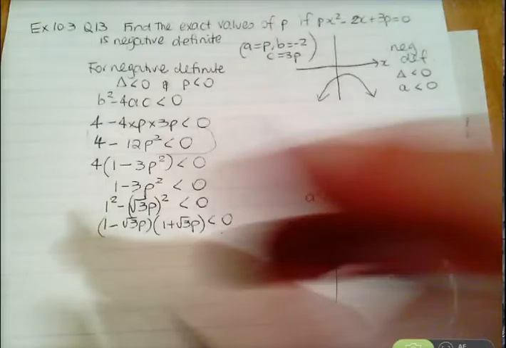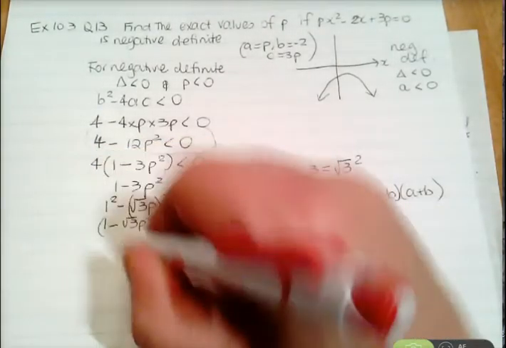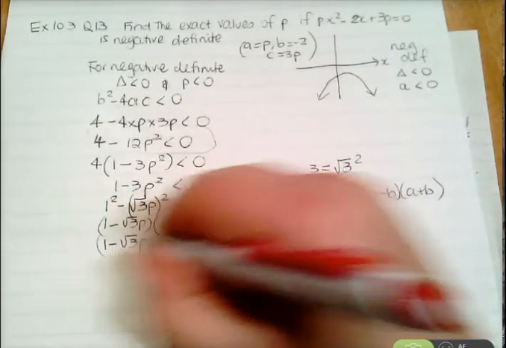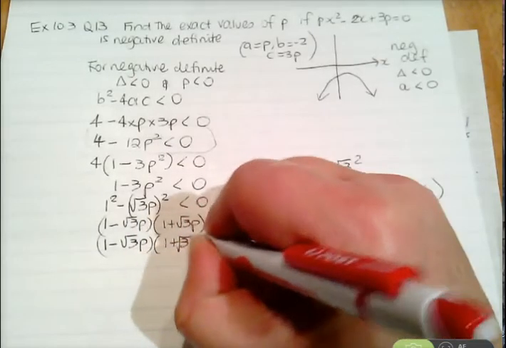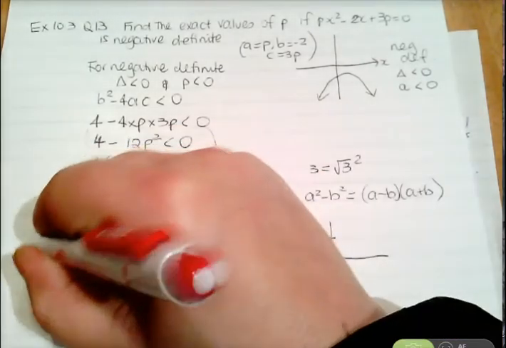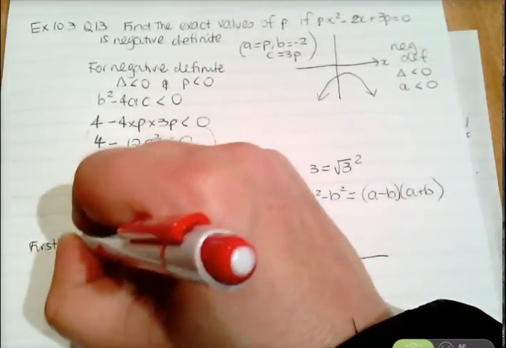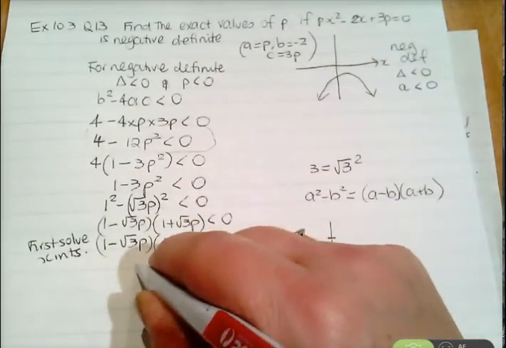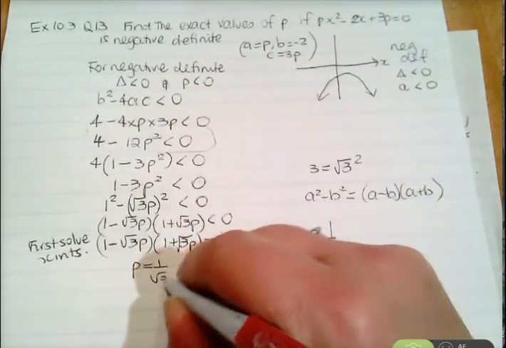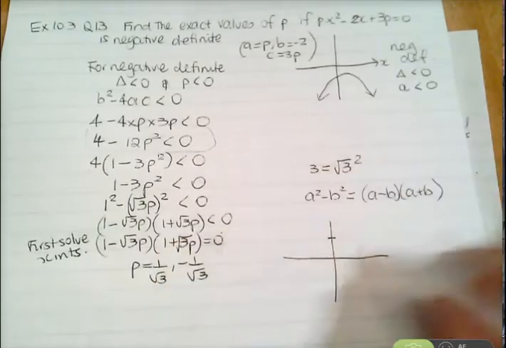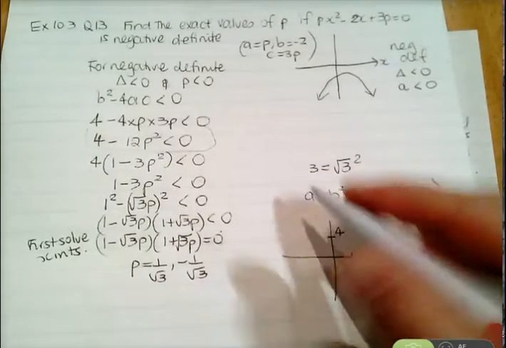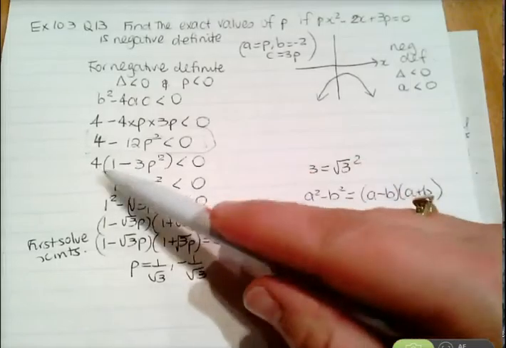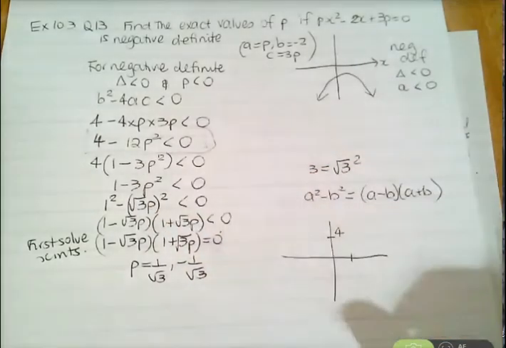My roots, if I just solve and put this equal to 0, so I can see what the roots of my parabola are. So first I want to solve this to find my x-intercepts of my parabola. I will get that p is 1 on root 3 and p is negative 1 on root 3. This is the parabola I'm trying to sketch. I know I've divided it by 4, but this was the original parabola.